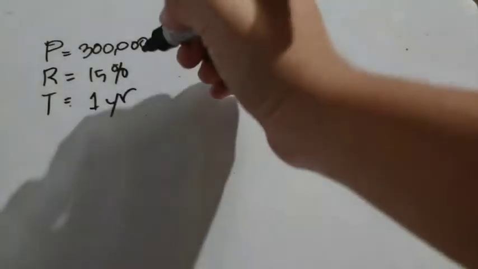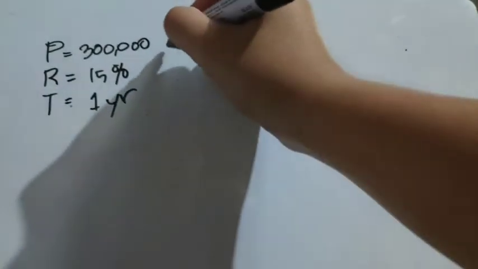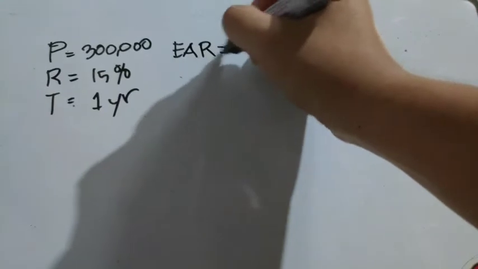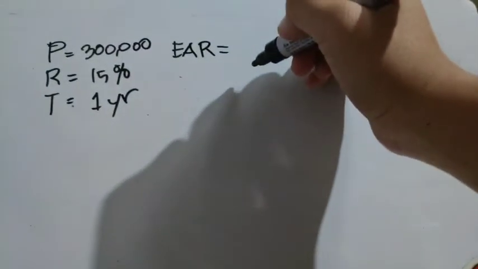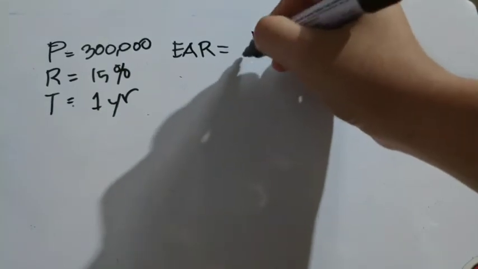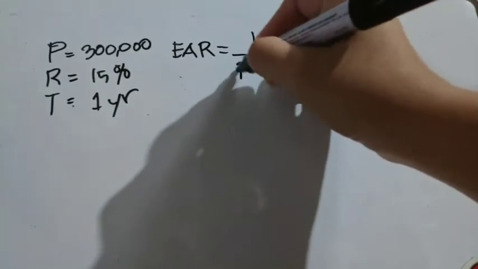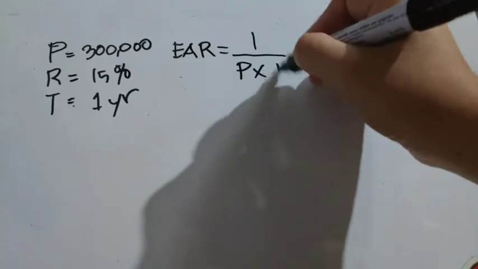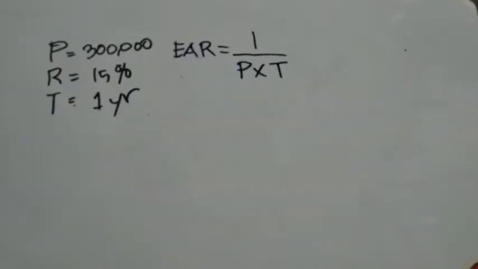To get the effective annual interest rate of this problem, because it is 1 year, we will use the 1-year formula: interest over principal times time.